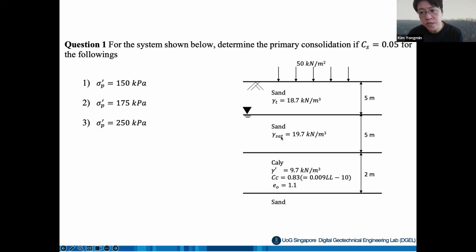The sand layer's unit weight is gamma saturated, soil unit weight minus water unit weight, plus only 1 meter times gamma prime. Wow, already given.